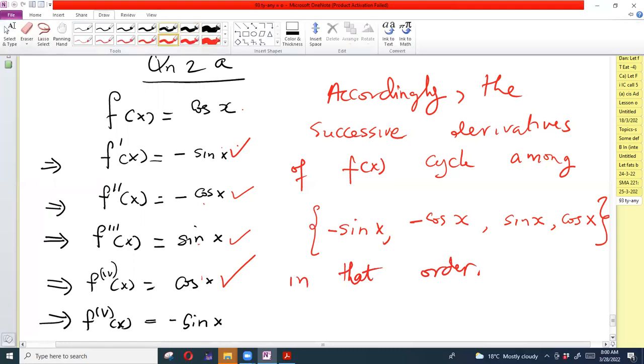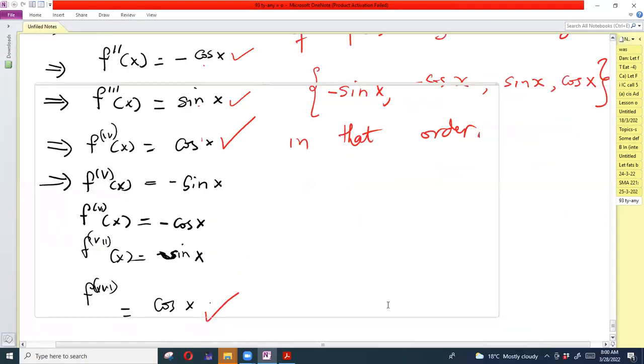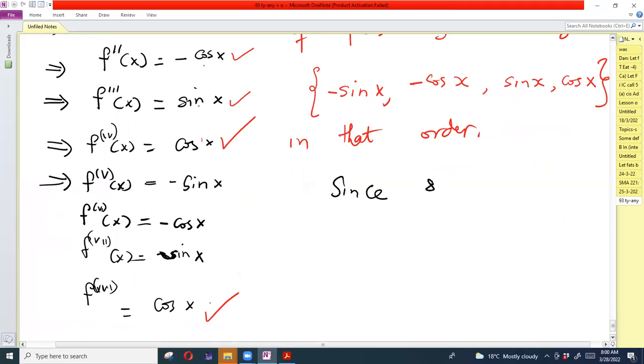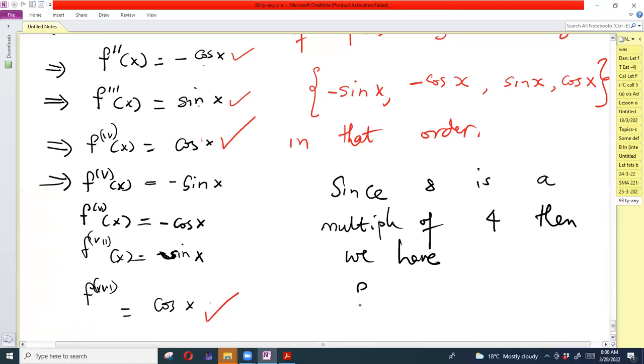So since 8 is a multiple of 4, then the 8th derivative of the function f of x will be the same as the original function cos of x.